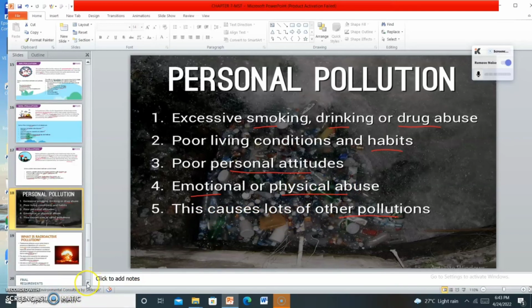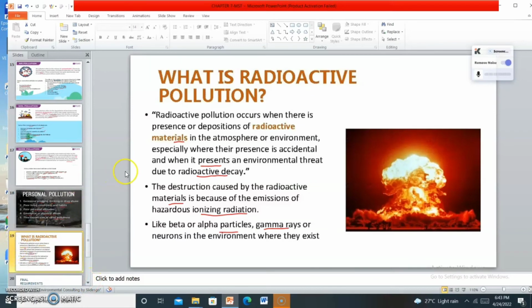Next is radioactive pollution. Radioactive pollution occurs when there is a presence or deposition of radioactive materials in the atmosphere or environment, especially where their presence is accidental, due to radioactive decay.